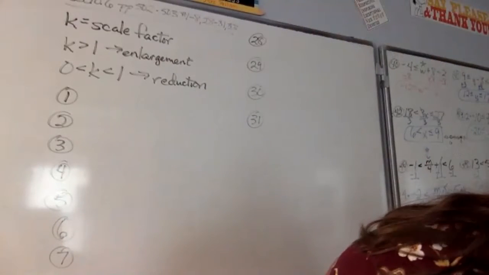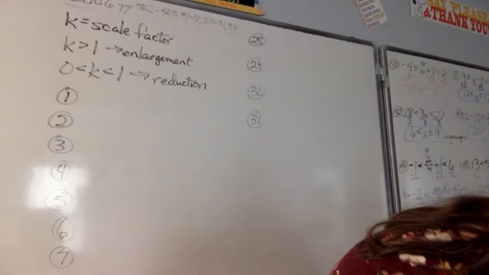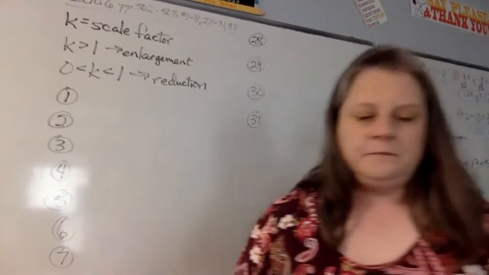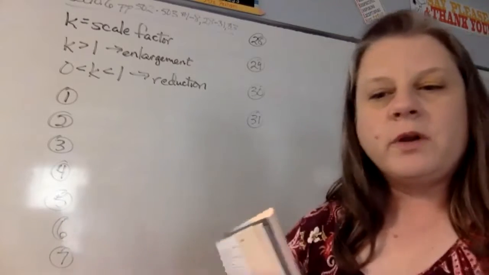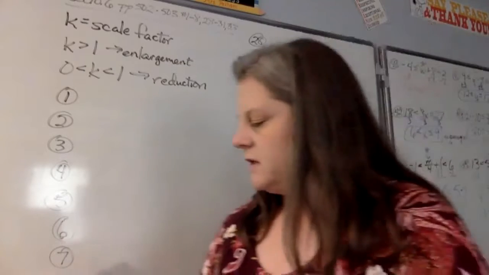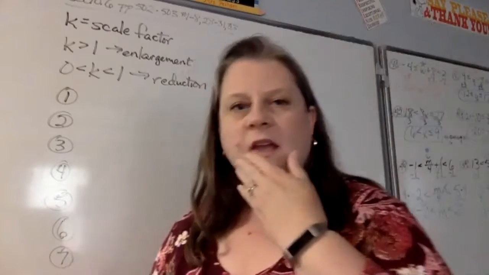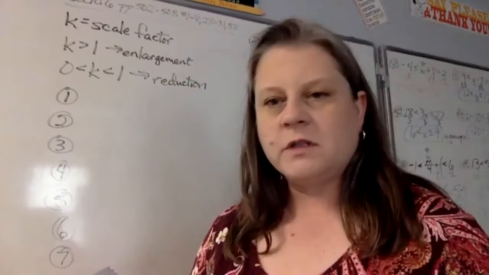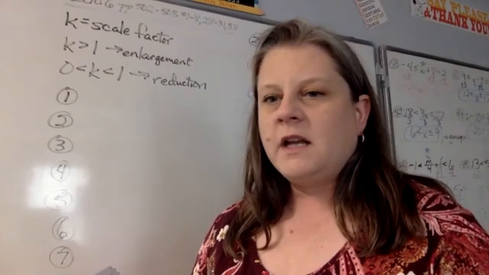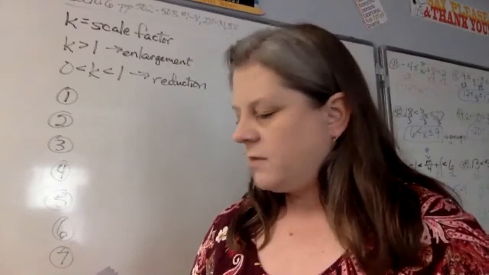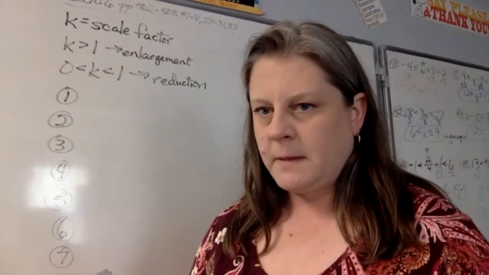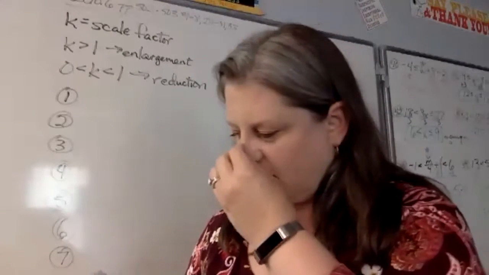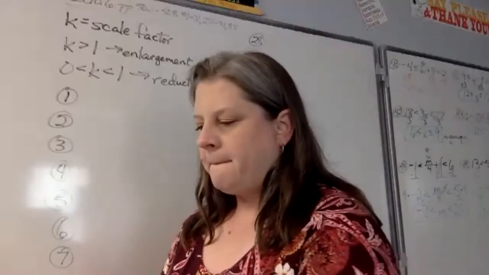So looking on here for number 1, remember which one is your pre-image and which one is the new image. On here, Michael, is it an enlargement or a reduction? Reduction.